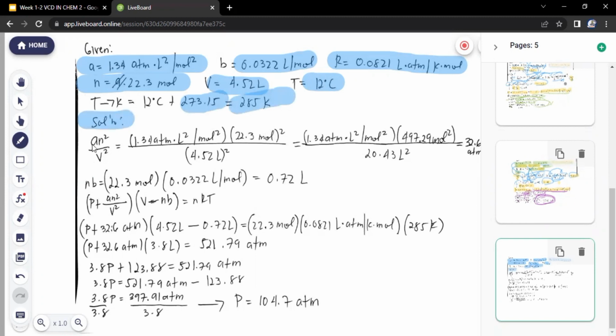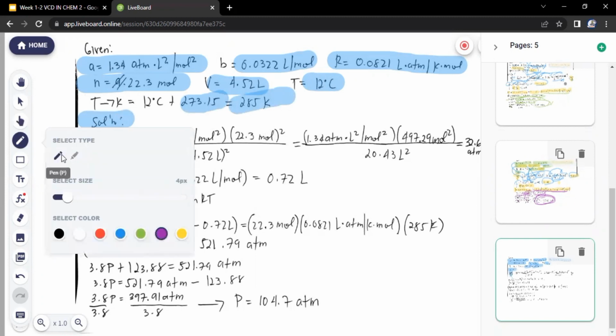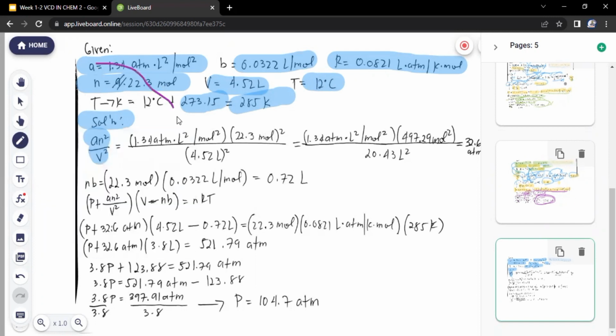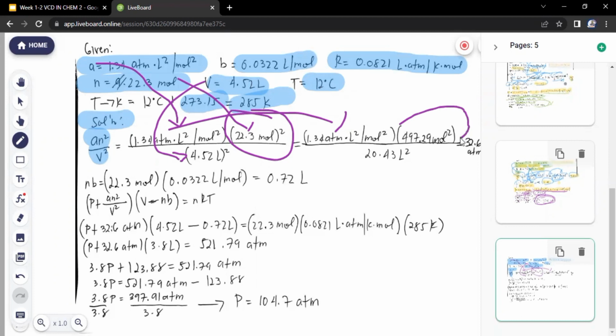For the solution, find first the A N squared over V squared. Then the next thing you need to do is plug the values. The value of your A here, the value of your N, 22.3 squared as well. Then the value of your volume here. Get the squared value of 22.3 raised to 2. You will have 497.29 mole squared.